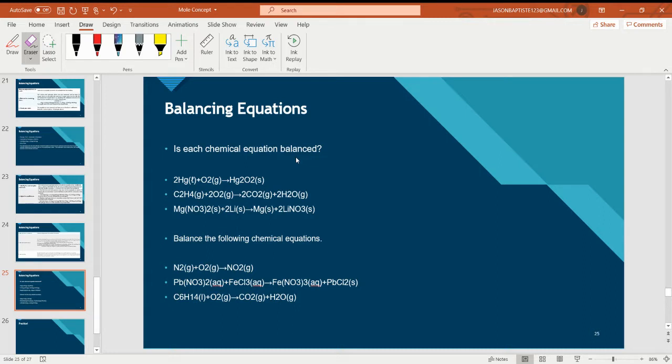We have one magnesium and two nitrates on the reactant side, and on the product side we have one magnesium and two nitrates. We also have two lithium ions, and we have two lithium ions over there. So this equation is balanced because we have two nitrates on both sides, two lithium ions on both sides, and one magnesium on both sides. That's cool.